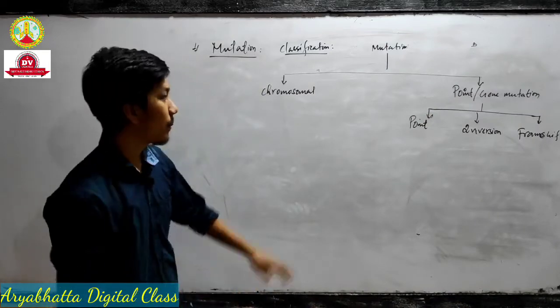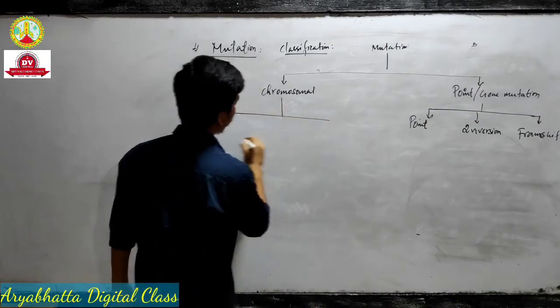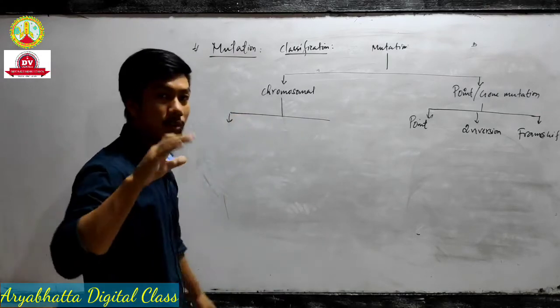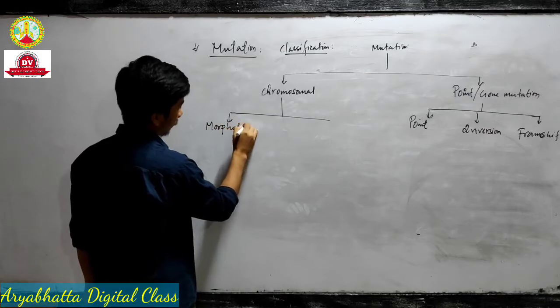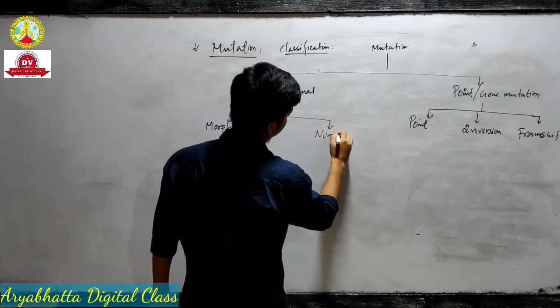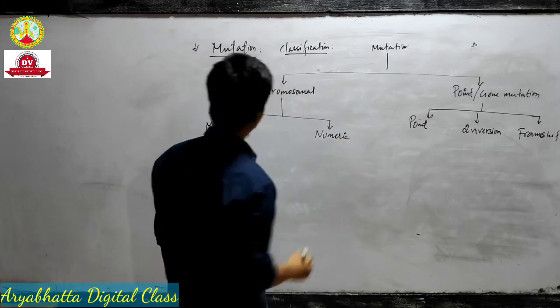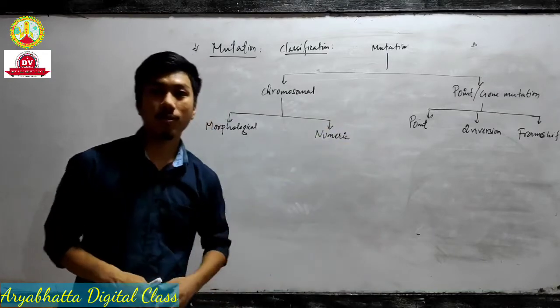Chromosomal mutation is again classified on the basis of morphological characters and on the basis of their number, that means numeric.